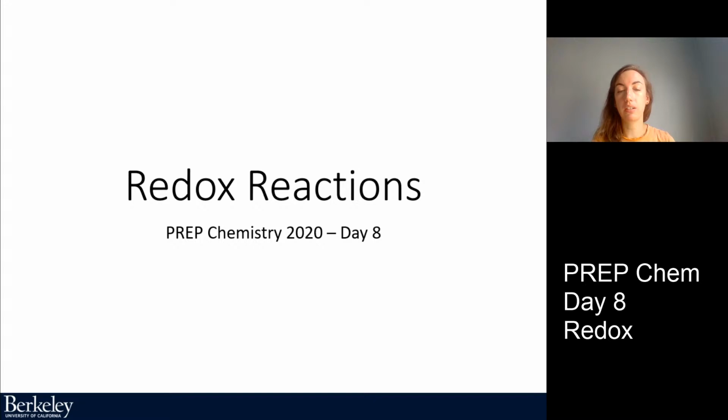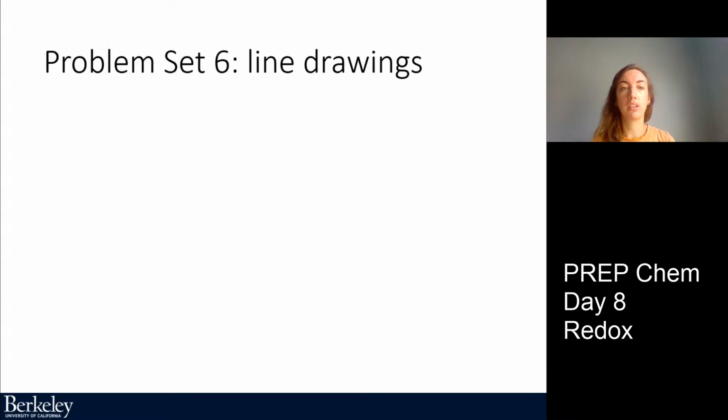So today we're going to talk about redox reactions, but before we get into that, I just wanted to do one last review of line drawings. After going through the submissions for problem set 6, it seems like this is still a tripping point for a lot of people. So I just want to one last time go over the rules of how to read line drawings. And if you're still confused, ask questions and come to office hours and we'll help you out.